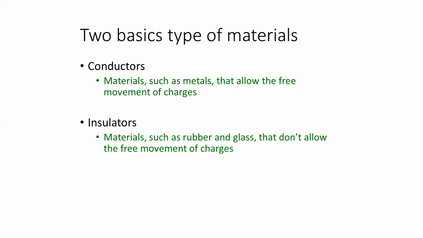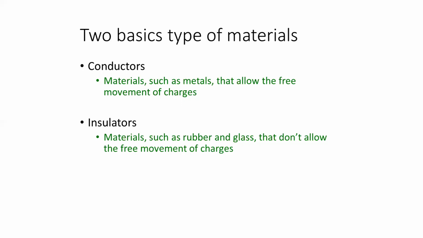Now, two basic types of materials: conductors and insulators. Another type of material is possible, called semiconductor, but we are interested in conductors and insulators. Materials such as metals that allow the free movement of charges are called conductors. Conductors are the source of free electrons or free charges.